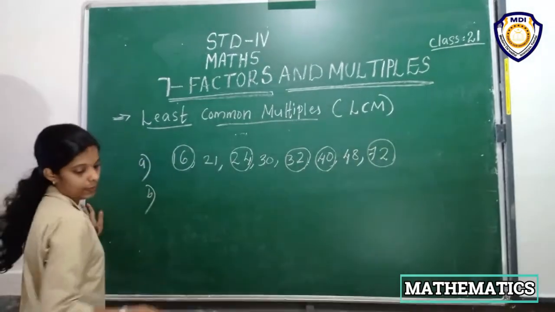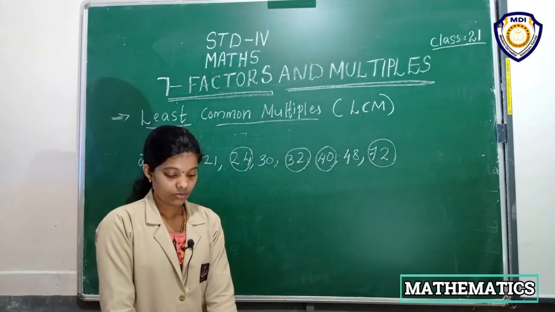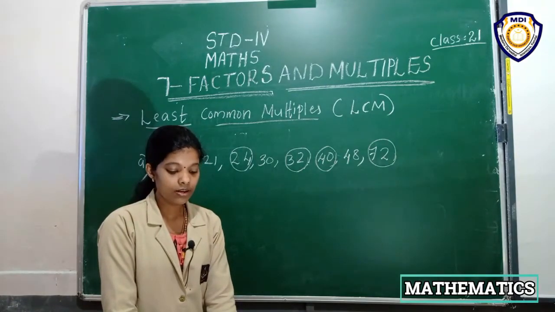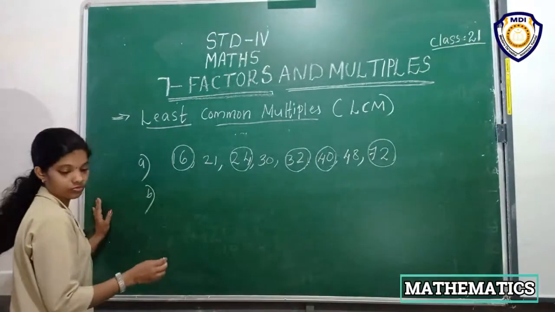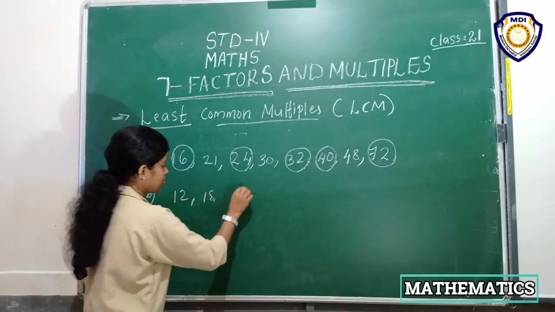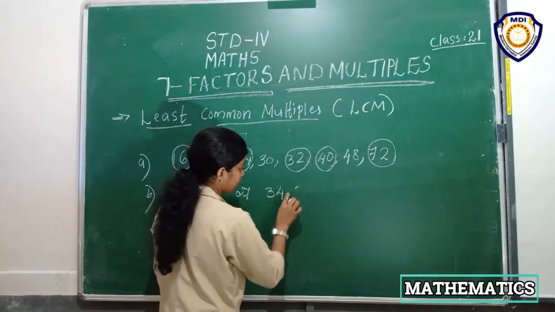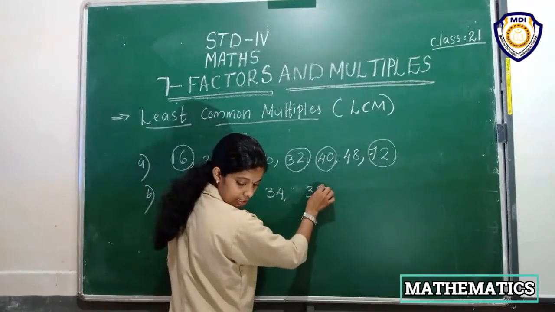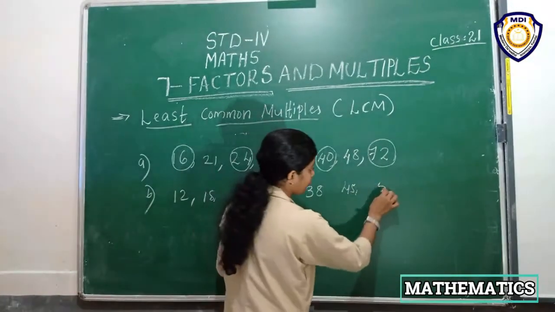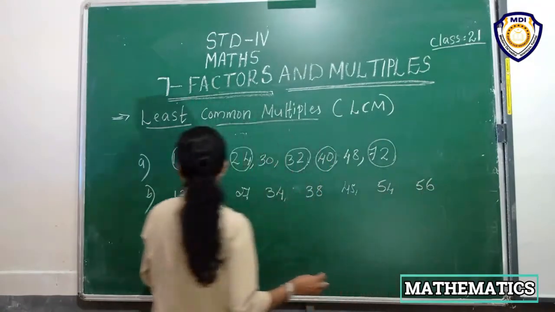Then B. Circle the multiples of 9. Here 12, 18, 27, 34, 38, 45, 54 and 56.